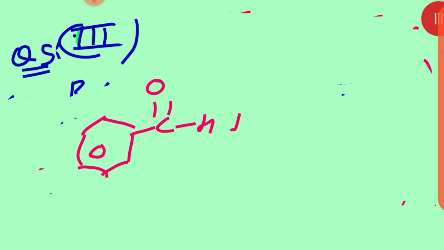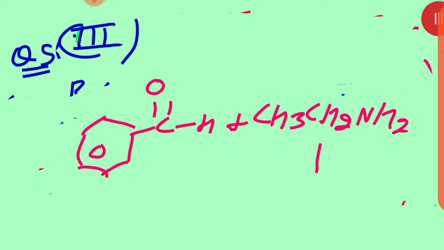You must see, all of you. Here, this is the benzene ring. Then COH, CH3, CH2 NH2. Then there is H positive. What is it? H positive. Sorry बेटा, यहाँ पर CH3 है. There is CH3.